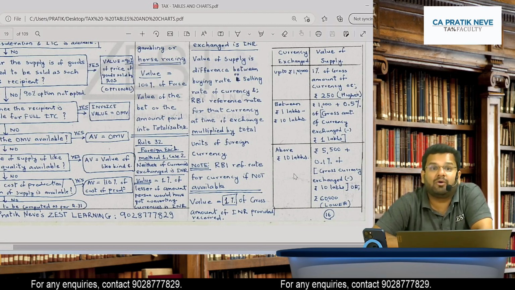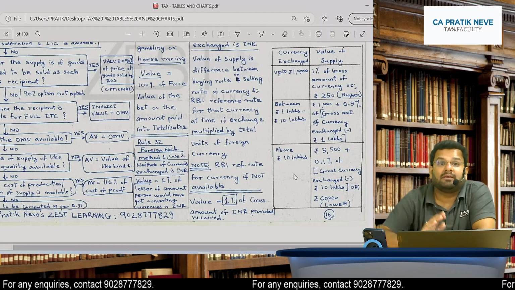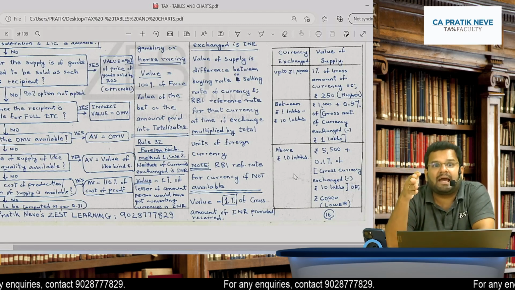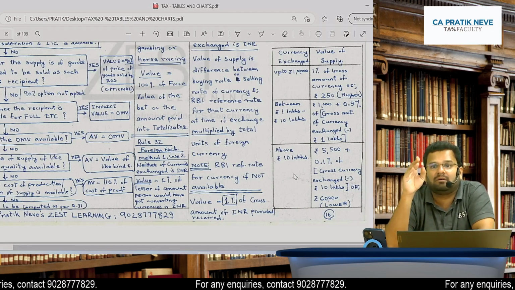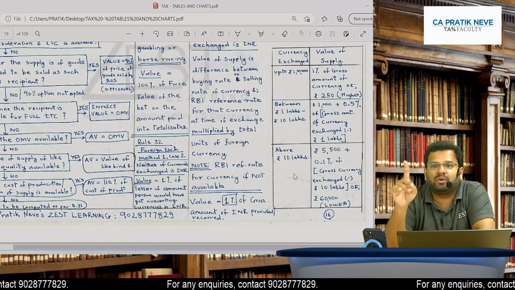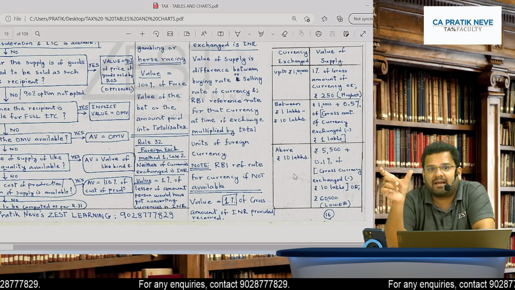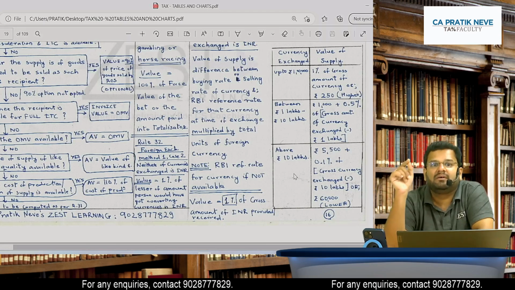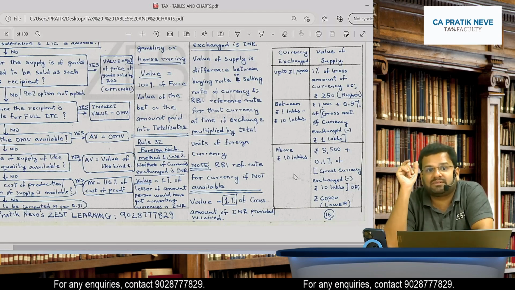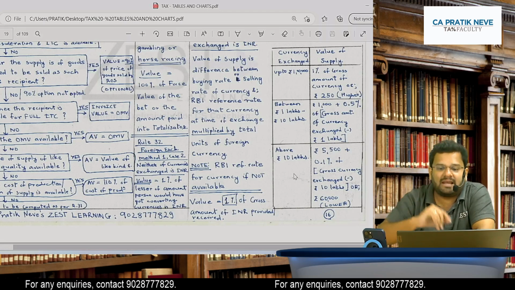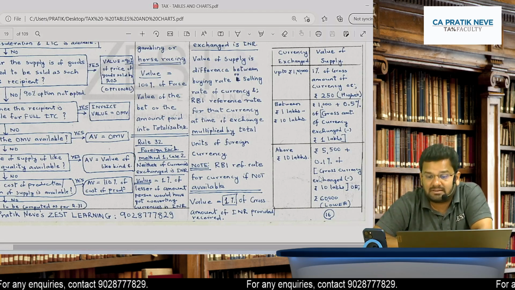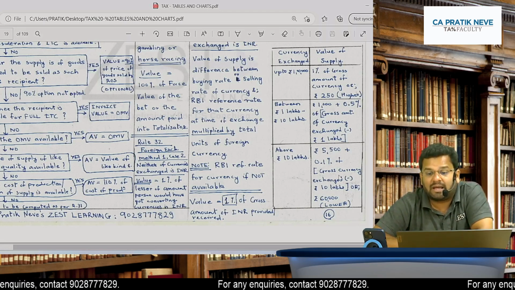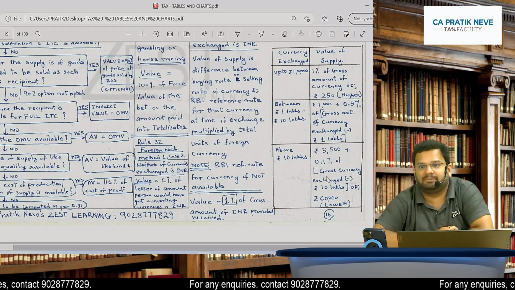And when we talk about above 10 lakhs, then on the first 1 lakh, you should calculate at 1%, which is 1000. Next 9 lakh at 0.5%, which is 4500. So 5500 on the first 10 lakhs, and above 10 lakh you should calculate at 0.1%.